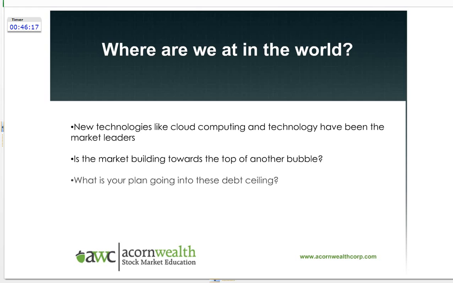If so, what is your plan going into this potential problem? What is your plan going into the 17th of October when we hit the debt ceiling? Whether we go through it and it gets approved, or we bounce down off it and there's trouble, what is the plan? And most importantly, how are you going to maximize those opportunities and protect against loss?